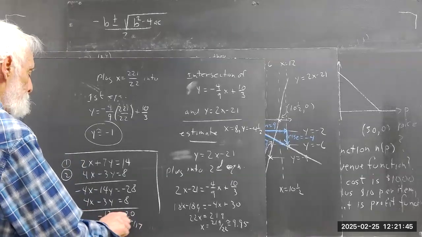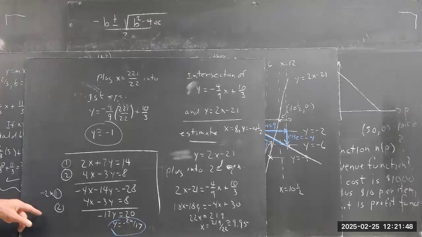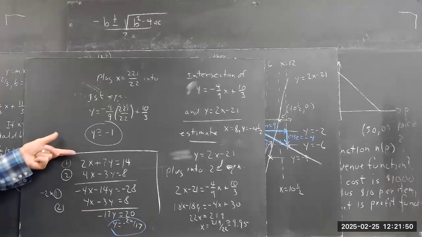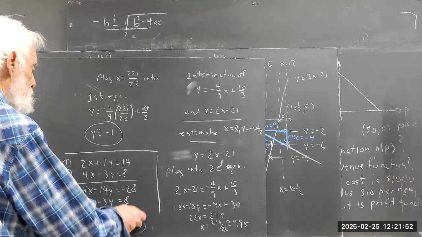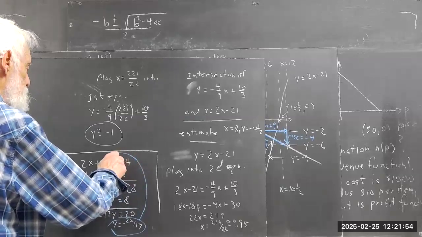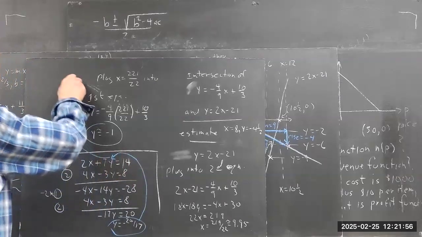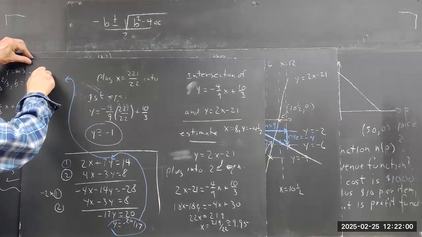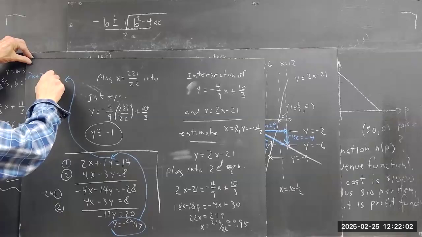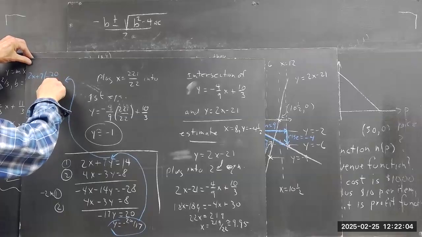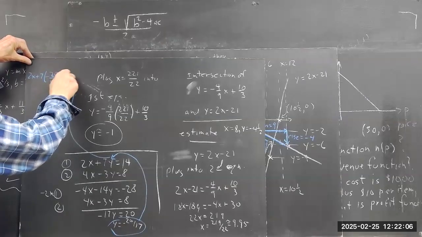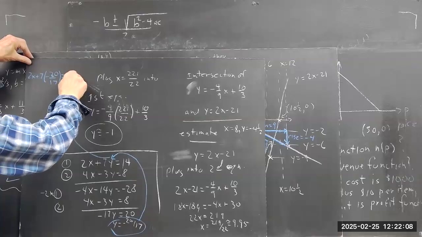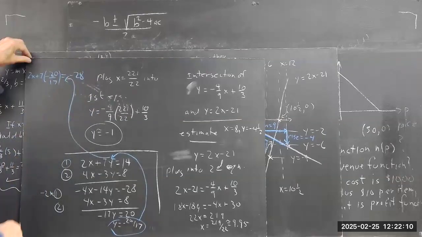We can take that value and plug it into either of the equations. So I'll just plug it in here, which leads me to the equation 2x plus 7 times -20 over 17 equals -28.